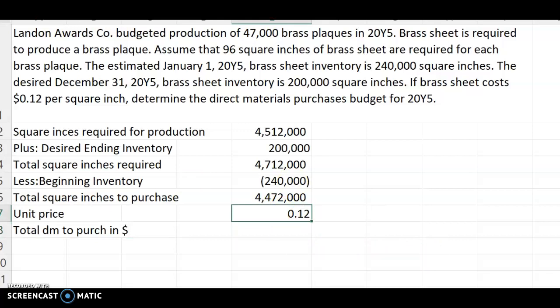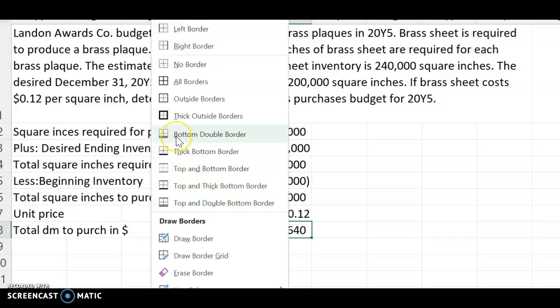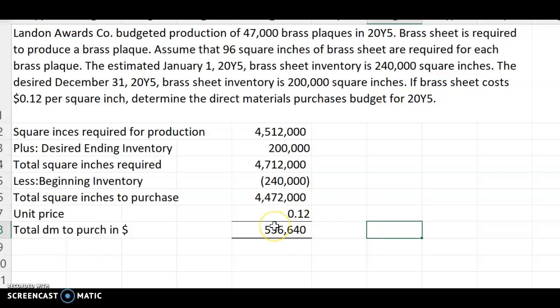So once I multiply that, that's going to give me my dollar amount, the amount I need in dollars. So I need 536,640, and I'm going to underline that double. So that is my direct materials purchases budget.